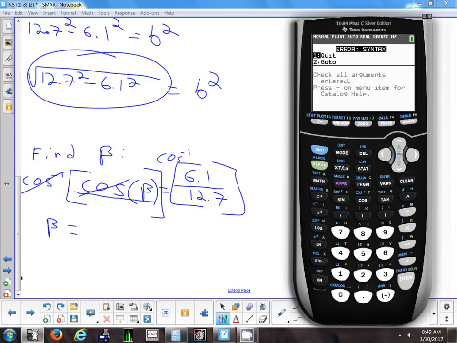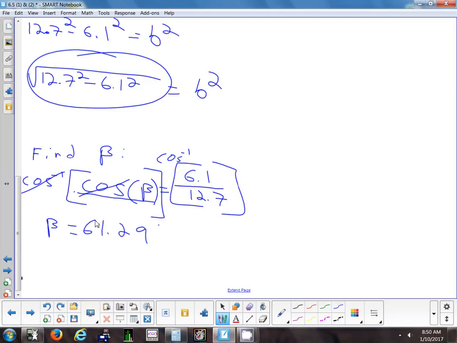It's like, what are you doing? So instead of doing it as multiplication, plug that number into the inverse cosine. There is no multiplication happening in that problem at all. And now I get an answer of 61.29. So really, it's not that much harder to find an angle. You just have to use inverse trig.